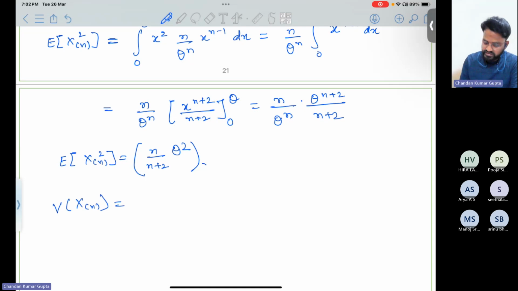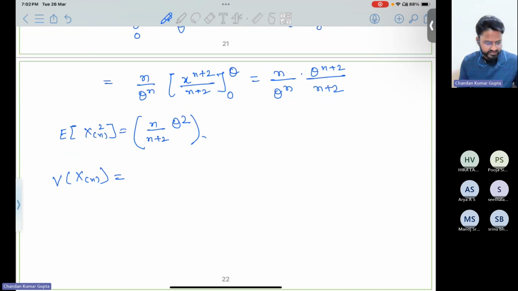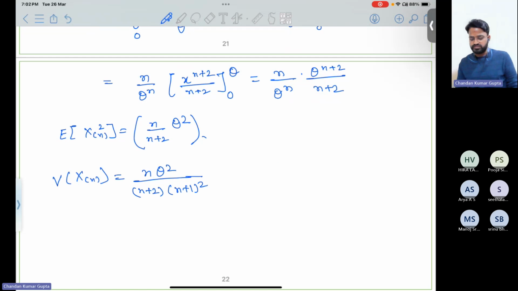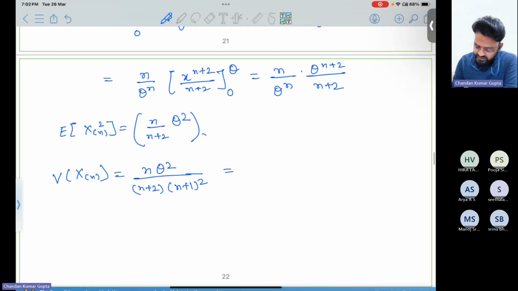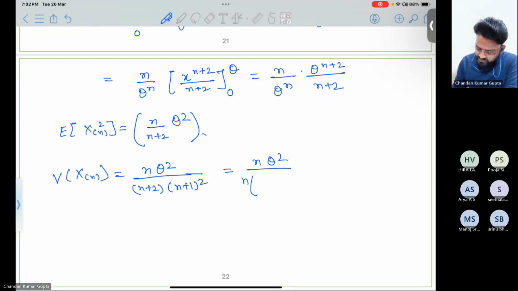Okay. Now the variance of Xn, using this relation we will find out. I am writing it directly actually. Okay, the variance of x will be n theta square upon n plus 2 times n plus 1 square. Okay, so this is our variance. Now we can write this as n theta square upon n times 1 plus 2 upon n, and n square times 1 plus 1 by n square.